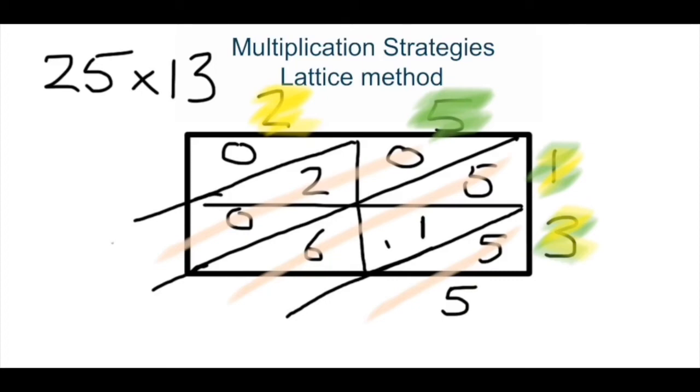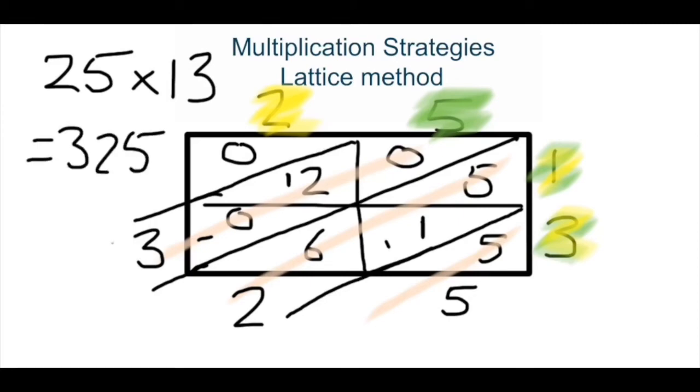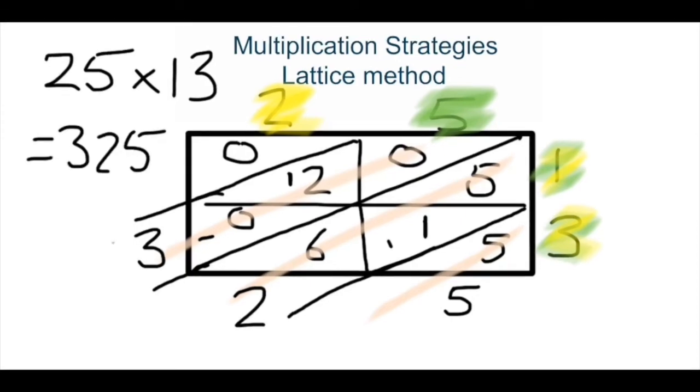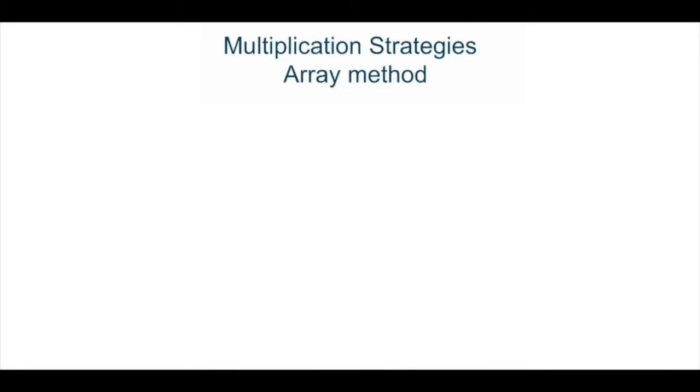In the next pathway, we have 5, 1, and 6. So that gives us 12. We carry the 1 across. And in this final one, we have 0, 1, and 2, and 0, which gives us our 3. And we can see that we get our 325 again.